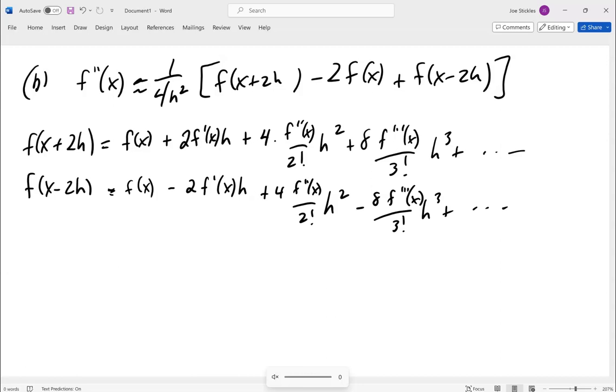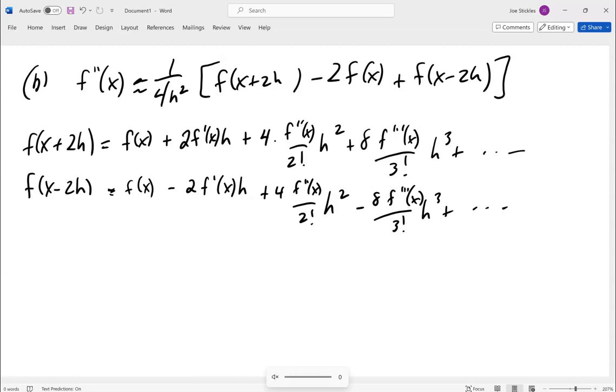Right? You agree? Okay. All right, so we're trying to solve for the second derivative now, right?